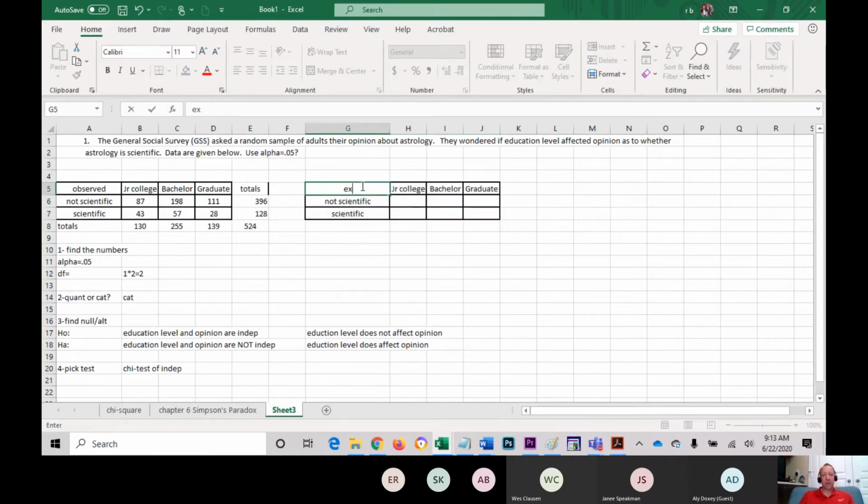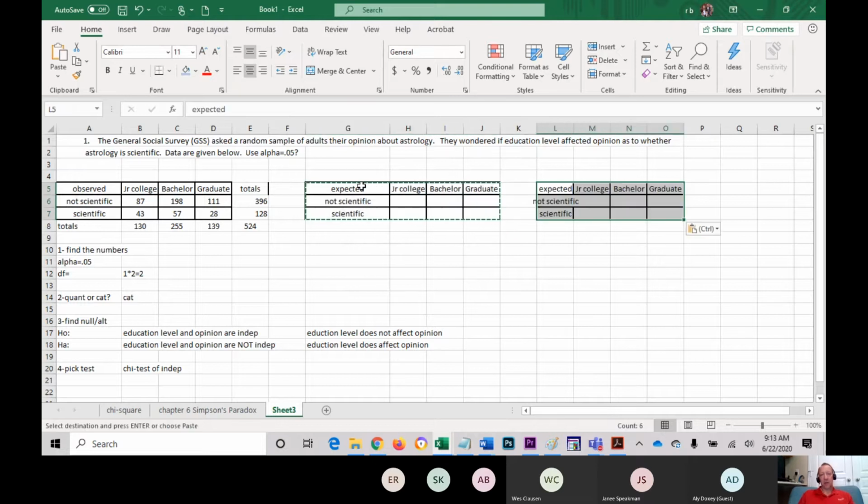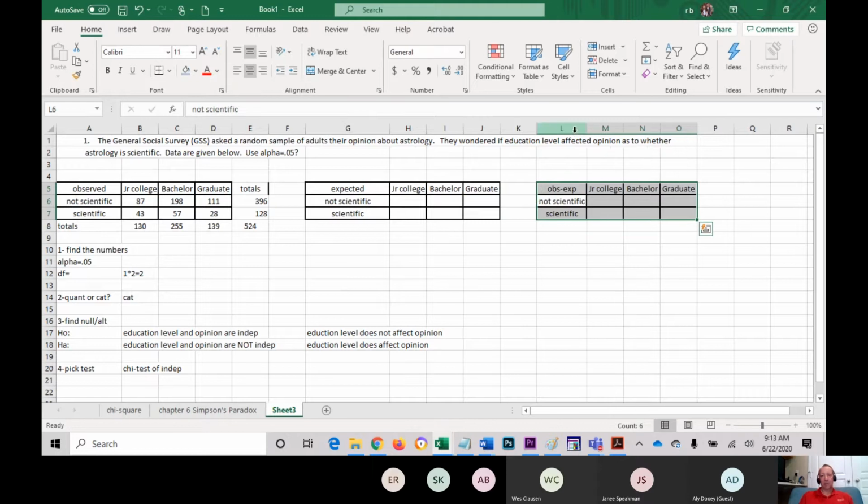This is going to be my expected table, and this is going to be my observed minus the expected table. Allie, we'll let you be the first one. Do you know how to fill out this table?